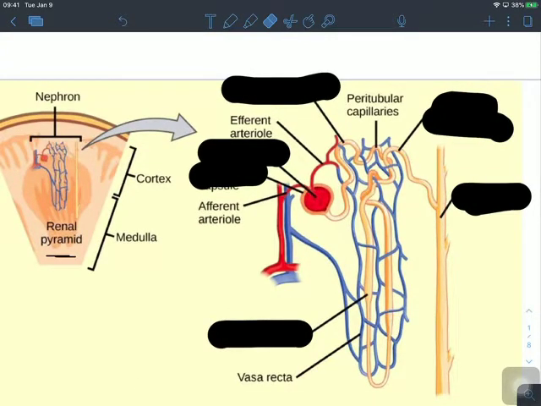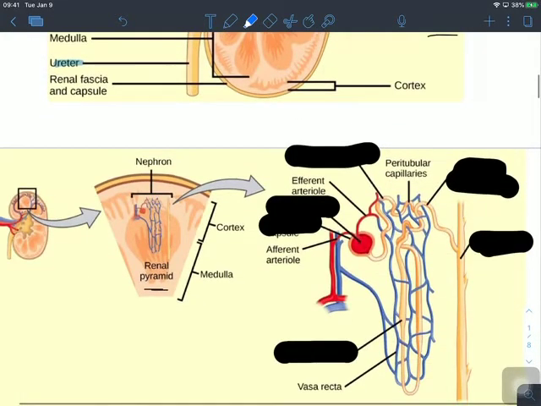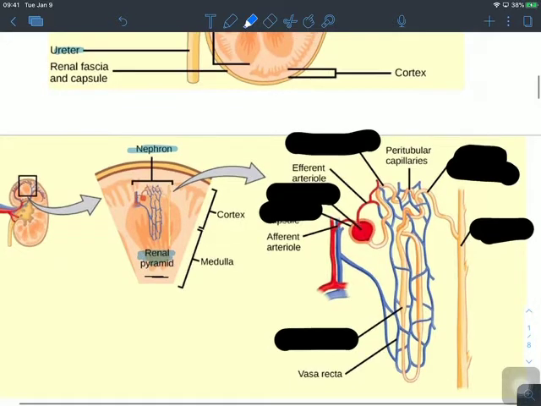Now, the structures of the nephron itself. Again, just like above, I should highlight the terms that I expect y'all to be familiar with: the renal vein, renal artery, the ureter, the renal pelvis, and a singular renal pyramid. I have structures here that I expect you to be familiar with: the nephron itself, our renal pyramid, and then these individual components.